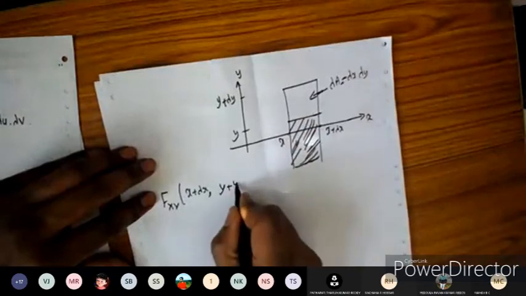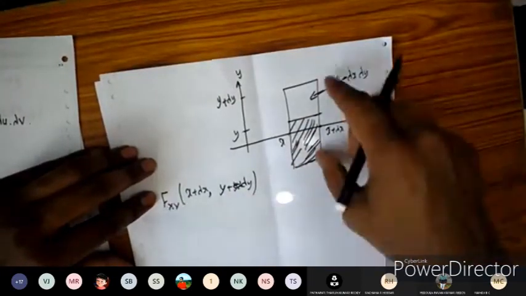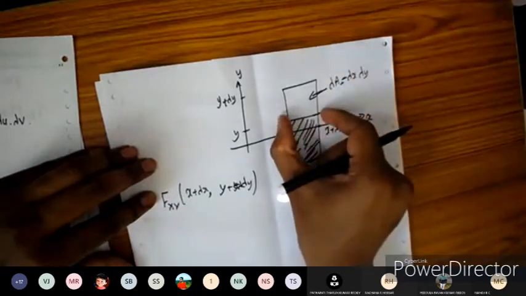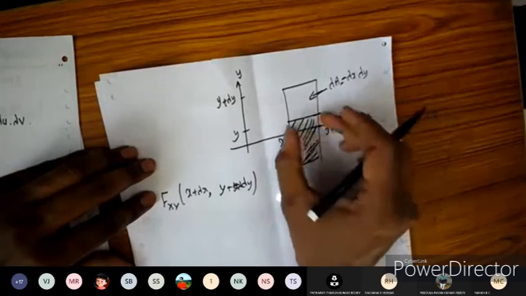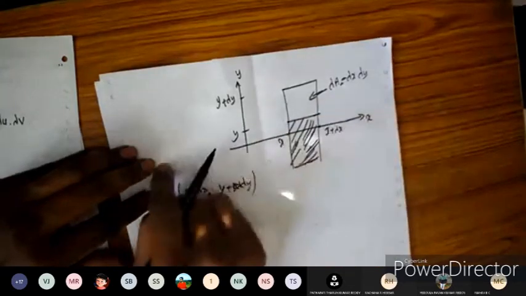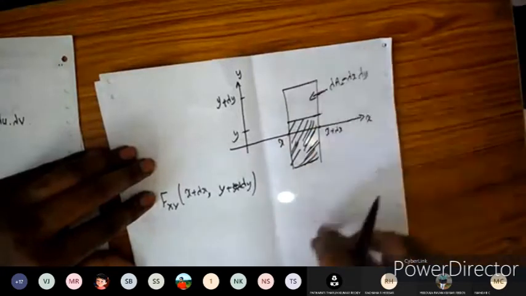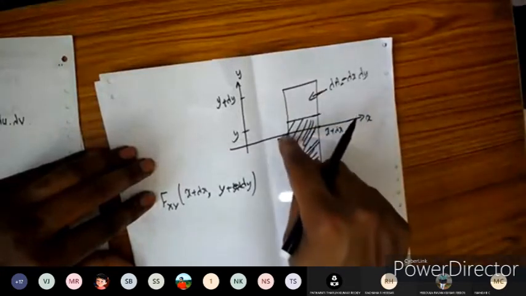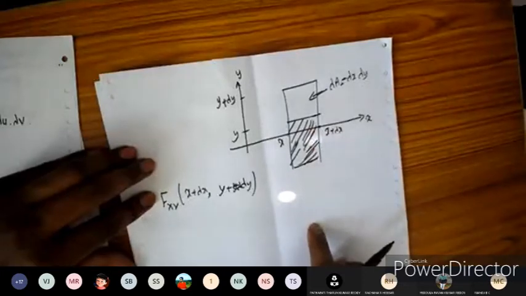So we need to find the area from x plus dx to minus infinity and y plus dy to minus infinity, and separate from it the area from x to minus infinity and y to minus infinity. Correct now?